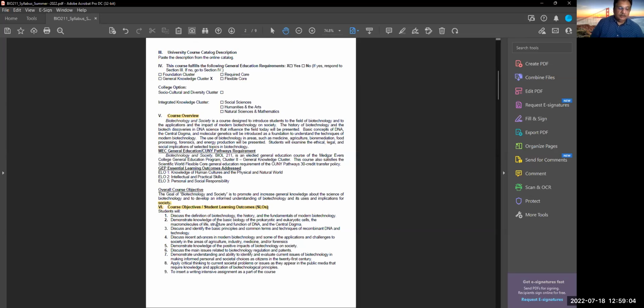SLO number 2: demonstrate the knowledge of basic biology of prokaryotic and eukaryotic cells, the macromolecules of life, the structure and function of DNA, and the central dogma. This is quite a long sentence, but in this course, you will see from tomorrow, it starts from atoms, how atoms form molecules, how molecules form macromolecules, and how these macromolecules are an important part of our cell.